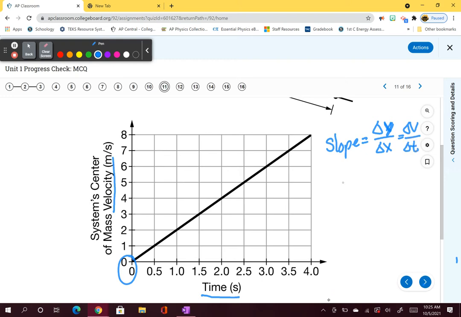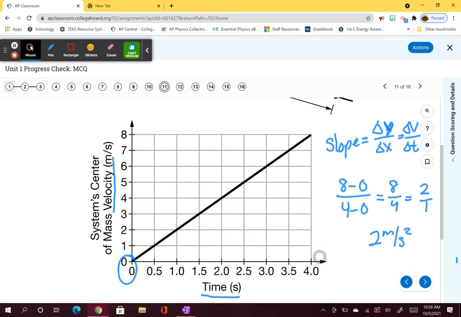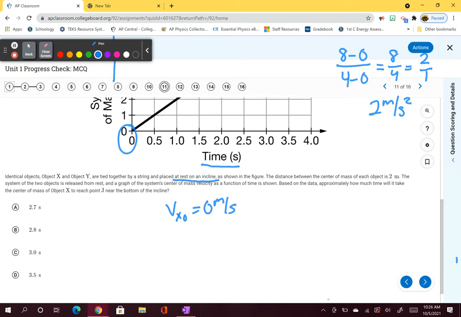So final velocity is 8, initial velocity is 0, final time is 4, initial time is 0. So that gives you 8 over 4, which will just give you a 2 over 1. So our acceleration is 2.